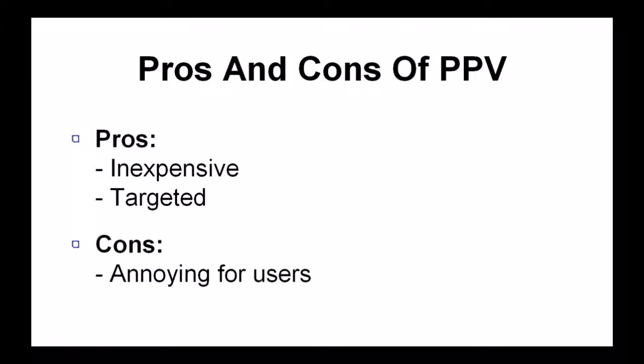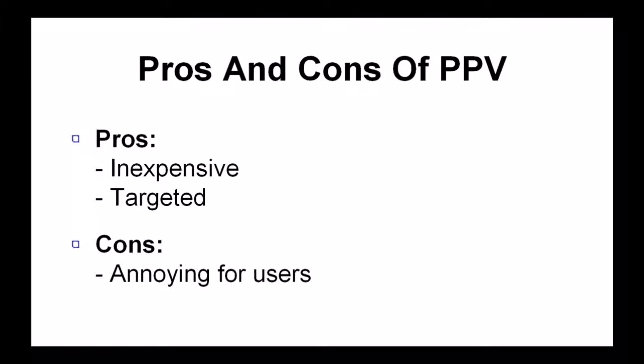For example, if someone searched for golf and then your ad related to golf shows up, that means you have a high chance that the user will click on your ad. In my opinion, the only con of PPV traffic is that it is annoying for users because people don't like pop-ups. I mean, really, have you ever met anyone that says, "Oh, I love those pop-ups I get on my computer"? This is why you really have to offer the user something of value.